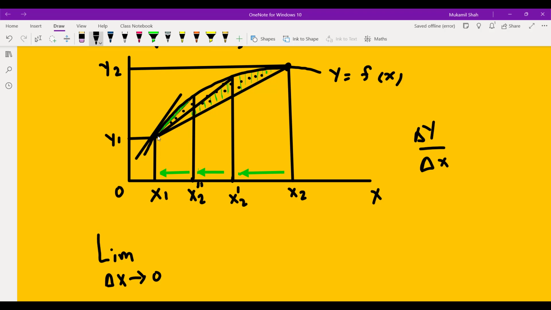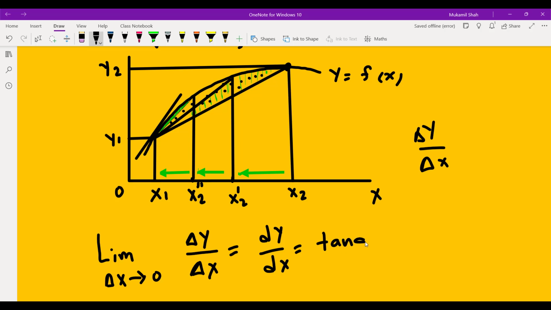Because x1 and x2 are so close to each other that their difference tends to 0. If you apply the same formula, change in y divided by change in x, it converges to dy by dx, which is the derivative of the function, and this is equal to the tangent.